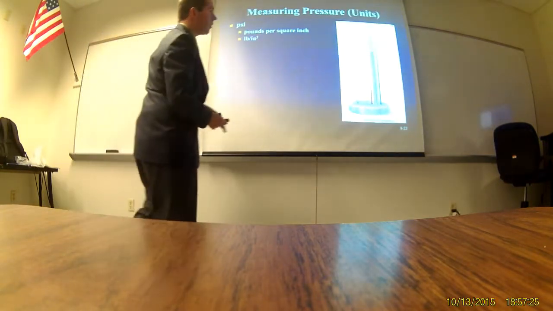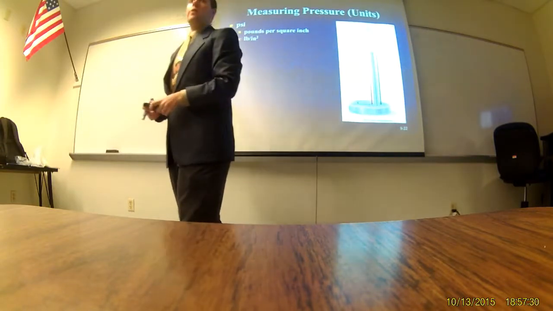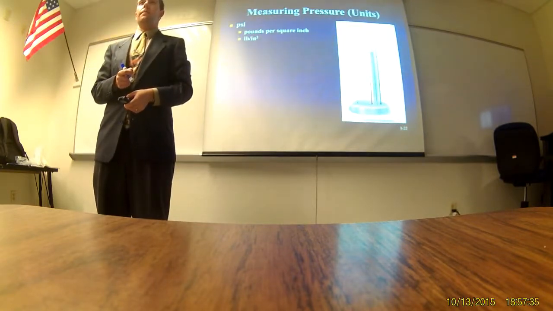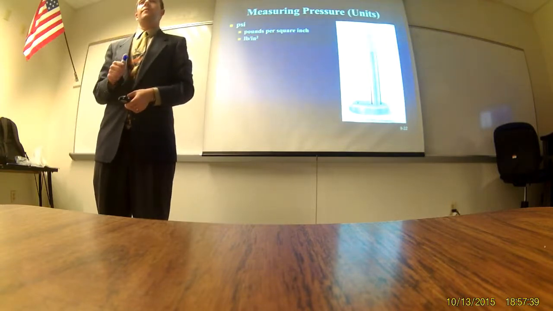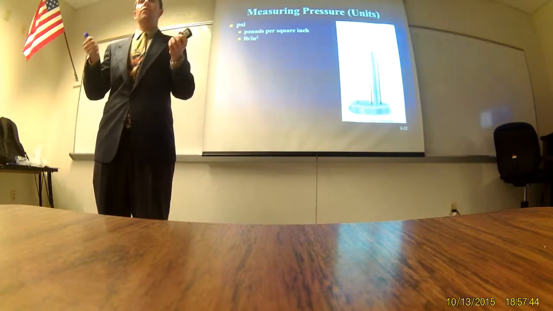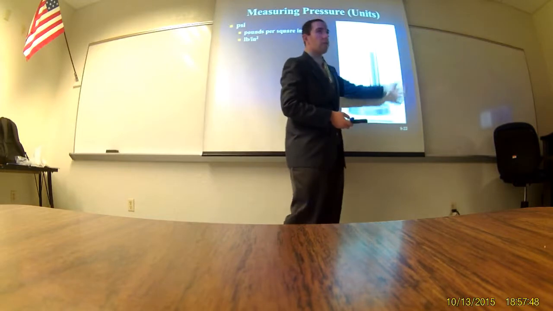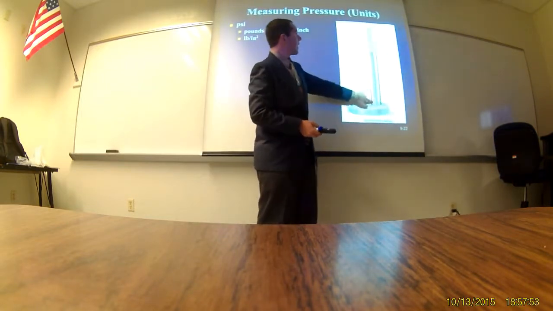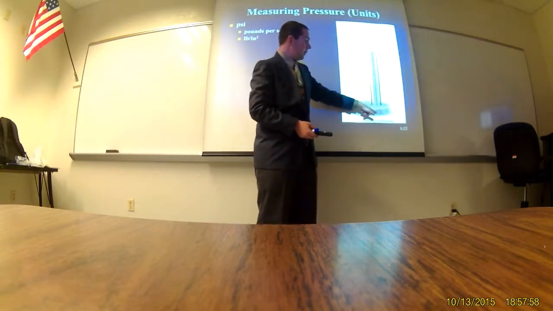Okay. So when you read about atmospheric pressure, you check the weather and it tells you the barometric pressure. Does anybody know what units they give it in? It's inches of mercury, which sounds really weird, right? What do inches of mercury have to do with pressure? This is how they used to measure atmospheric pressure. They had a dish full of mercury, and they had a little tube upside down in it, so the bottom end is open.